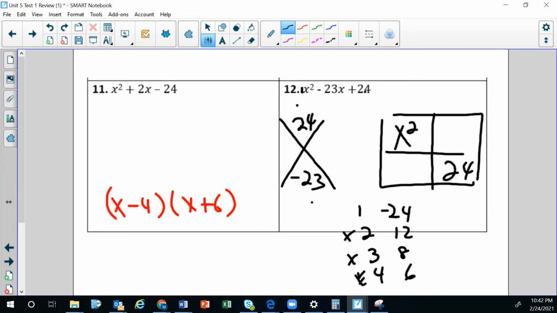No real solution for this one. Because there are no pairs that will give you negative 23 when you add them and positive 24 when you multiply them. So that's no real solution. All right. Let's see, which one should I do?